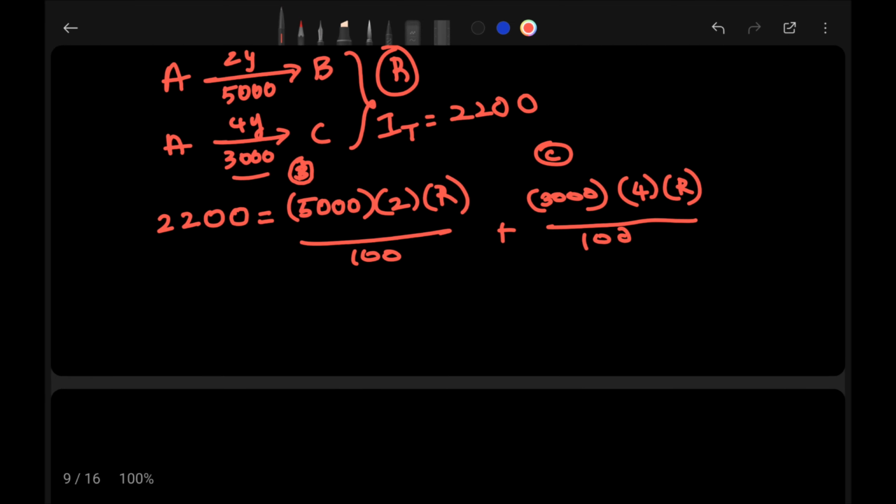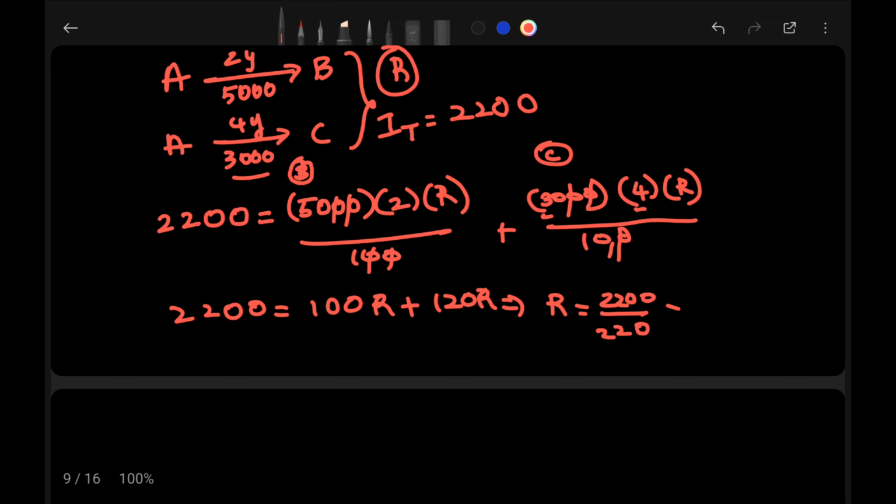Here we can cancel these two zeros and these two zeros. It becomes 2,200 equals 100 R plus 120 R, which gives R equal to 2,200 by 220, which is going to yield an interest of 10%, which is the same for both.